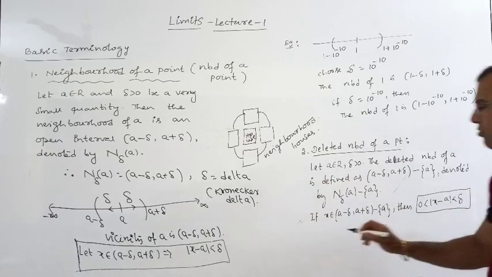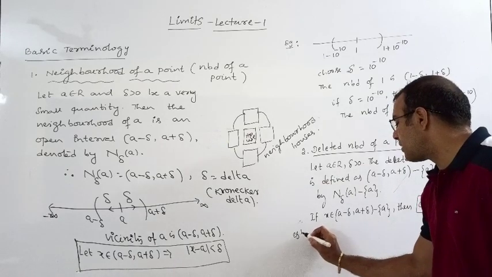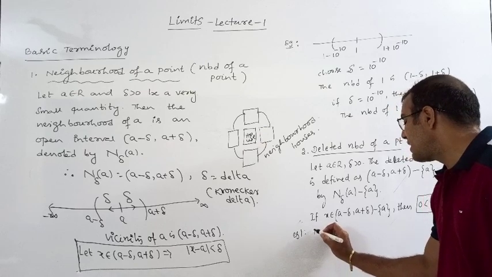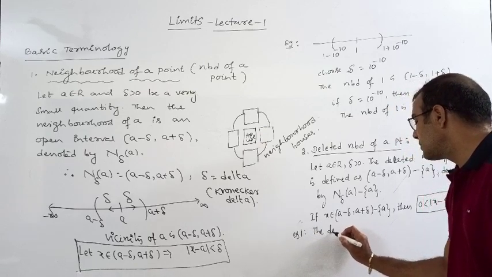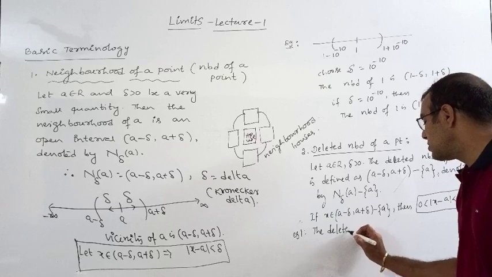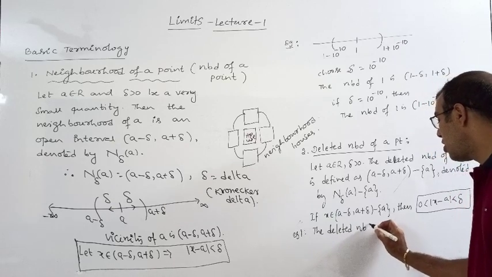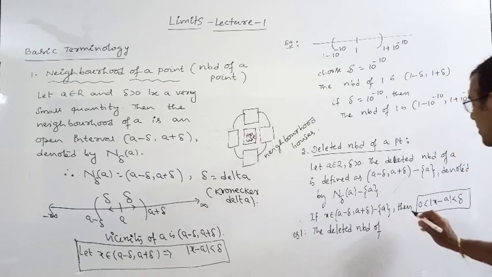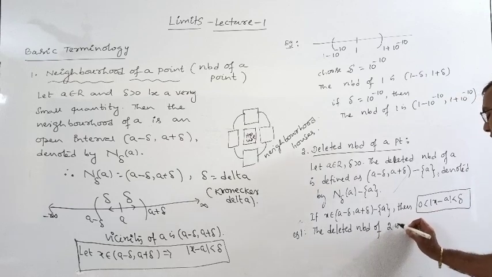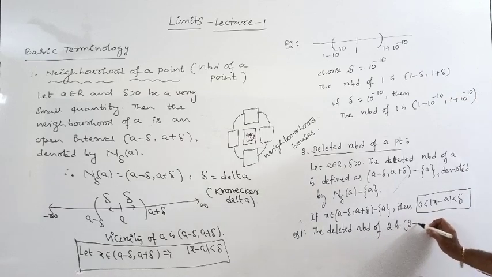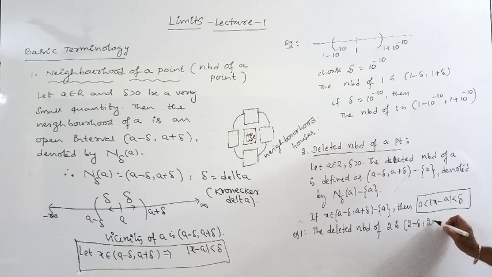Right. So, I will give you one example. The deleted neighborhood of, to take some number, 2, is simply we write 2 minus delta comma 2 plus delta minus, from that remove the number.